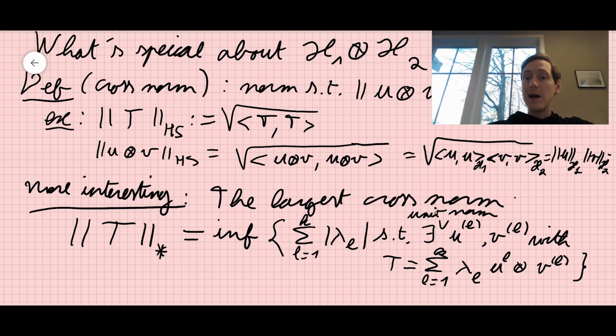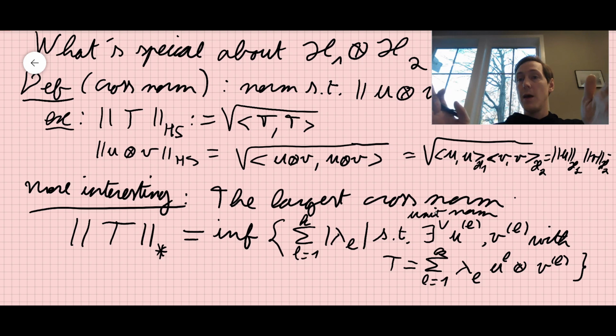So why is this the largest cross norm? Well, take any other norm which is a cross norm, and apply it to T. T can be written as a sum of L equals 1 to K of lambda L UL times VL. Then by the triangle inequality, the norm of T is smaller than the sum of the absolute value of lambda L times the norm of UL VL.